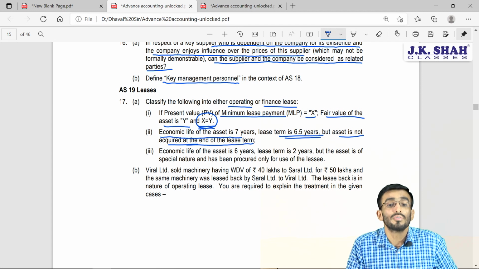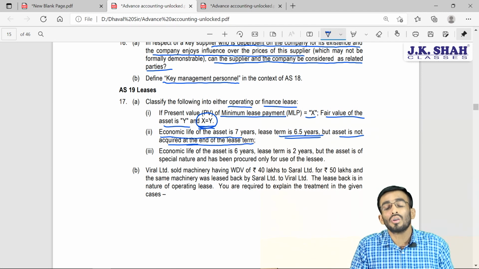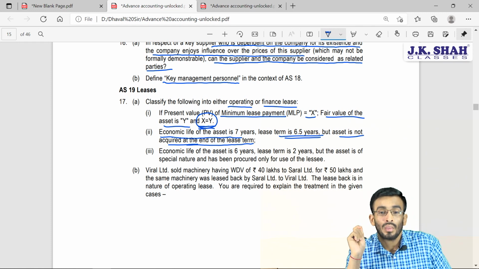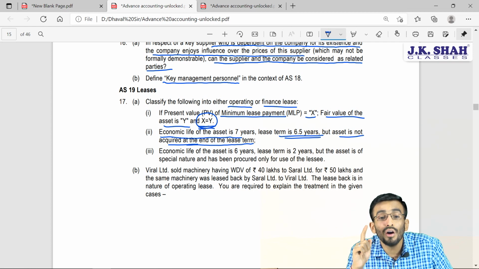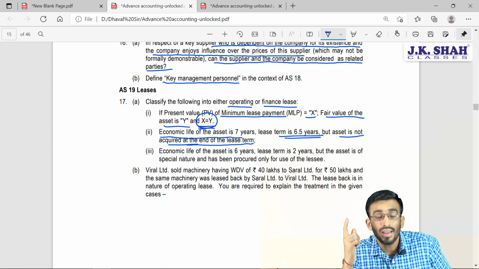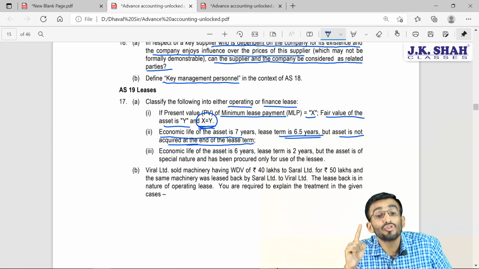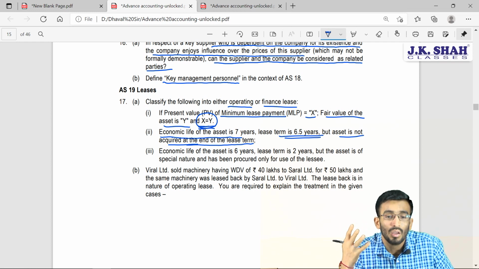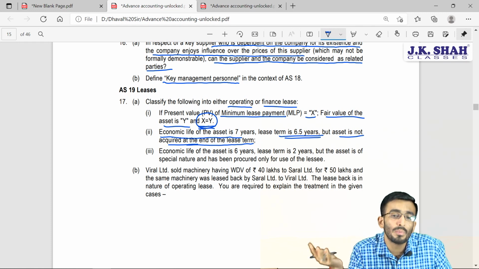It's okay. Based on the lease term and the economic life, there is one more indicator that the lease term covers the majority of the economic life of the asset. What does the standard say about majority? Here majority means 75% or above.